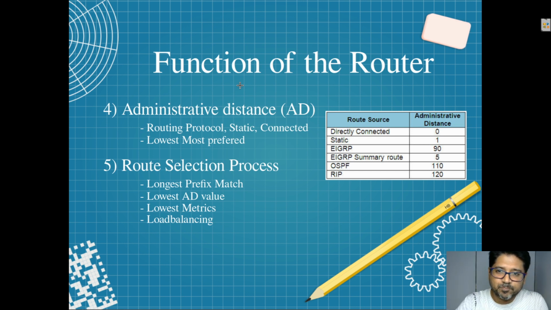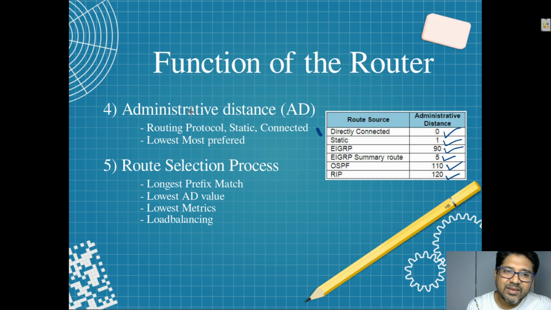You can see the integer value for a directly connected route: we have AD value 0, whereas for static we have 1, for EIGRP 90, for the EIGRP summary route 5, then OSPF 110 and RIP 120.